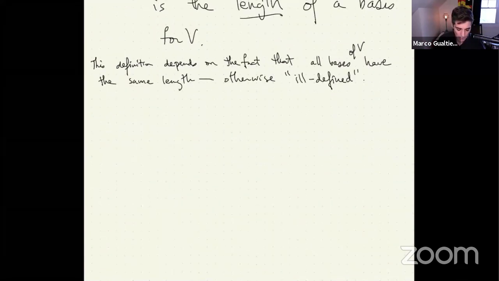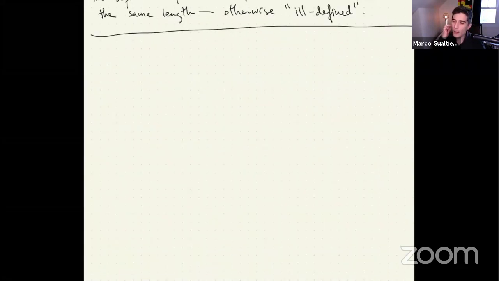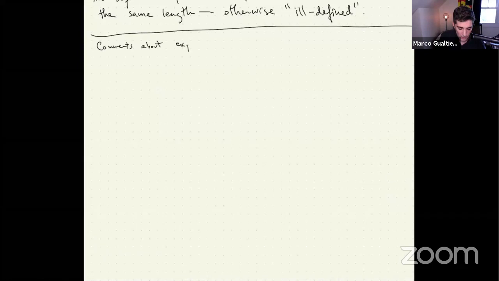But just before we stop for today, I just wanted to inject a tiny little bit of information which you should start thinking about. Let's just go back a little bit. I just want to make some comments about explicit subspaces.